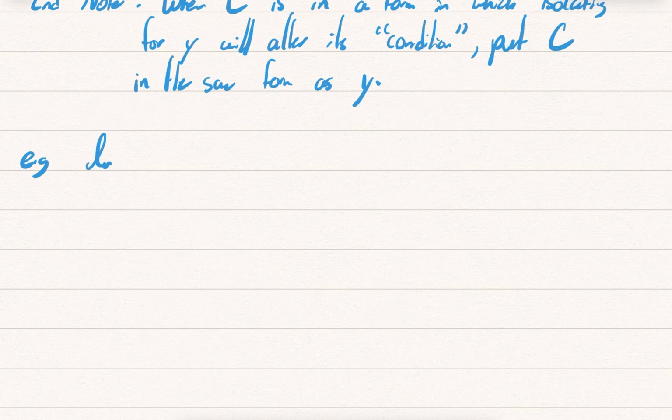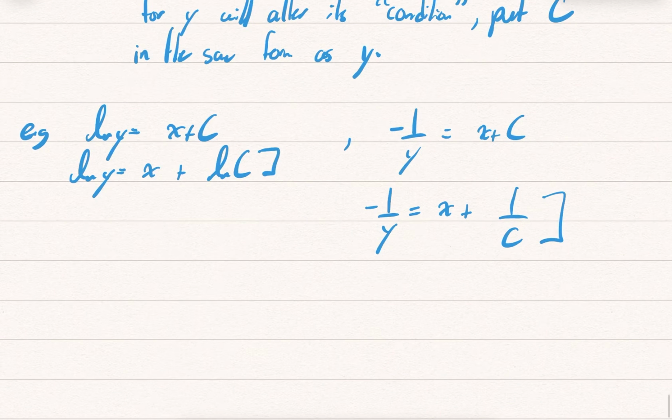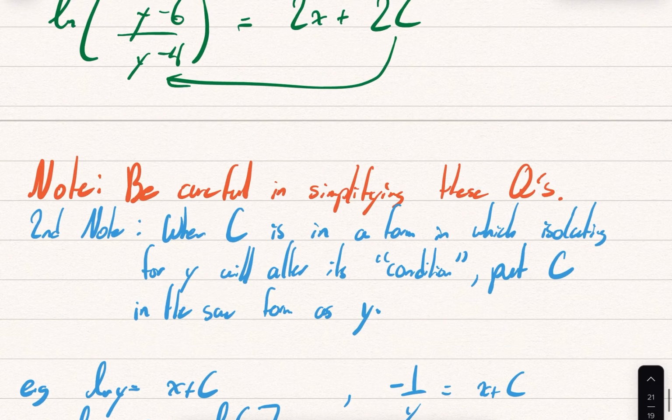If we have ln Y equals x plus C, ln Y equals x plus ln C. If we have -1 over Y equals x plus C, -1 over Y equals x plus 1 over C. And then work with it like this. Okay? So let's apply that to this question and keep going.